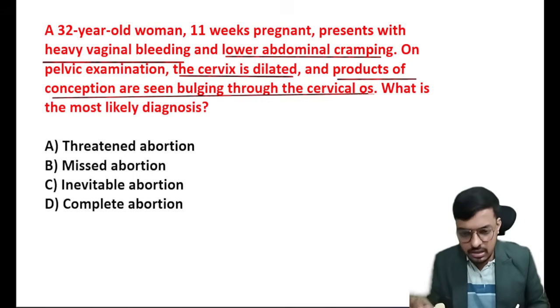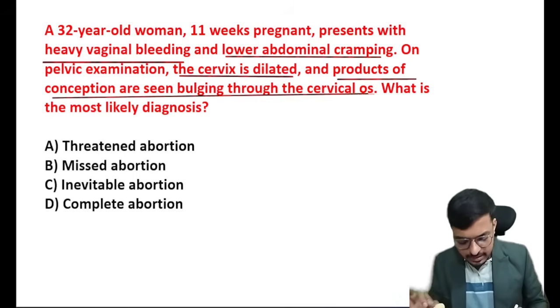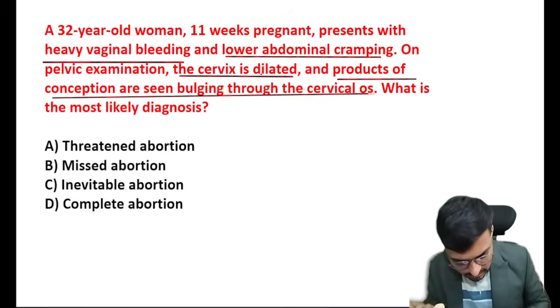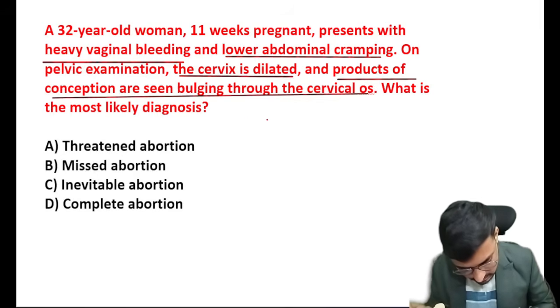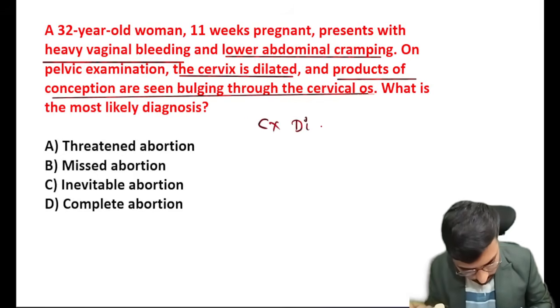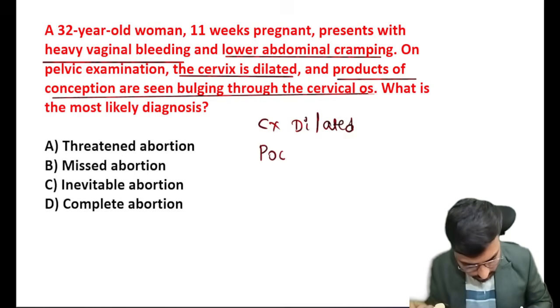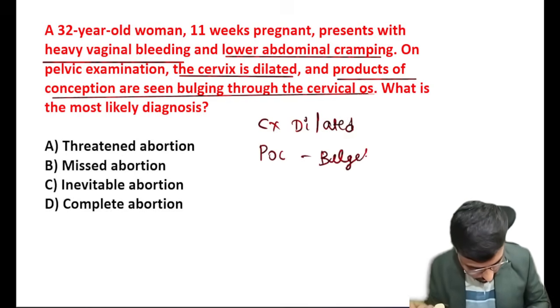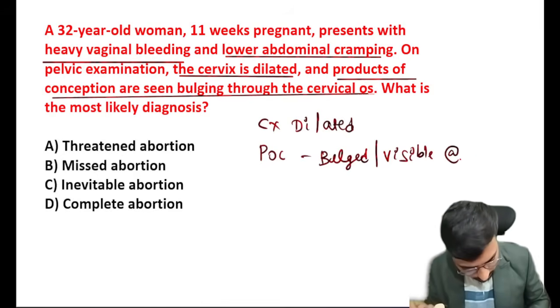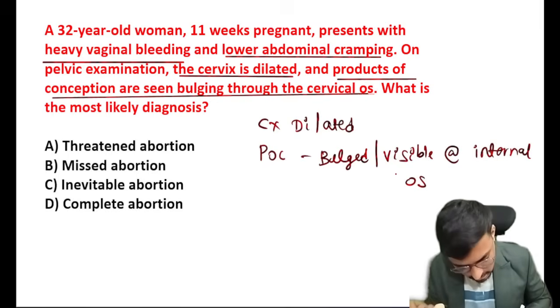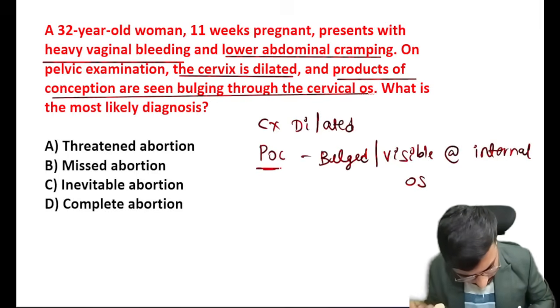Sir, what happened here? Heavy vaginal bleeding is there, lower abdomen cramping means pain is there, and the cervix is dilated. The product of conception is bulged and clearly visible at the internal os, and the cervix is dilated.